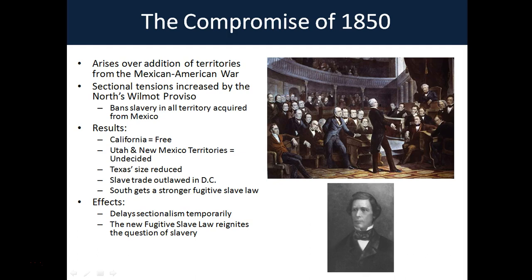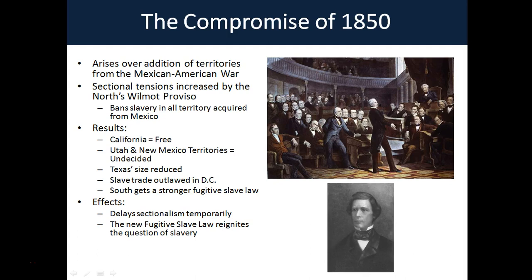You just couldn't continue to trade. And the benefit for the South is they got a stronger fugitive slave law out of the deal, because California was actually free south of the line of 36°30'. So there's some inconsistency between the Missouri Compromise and the Compromise of 1850.